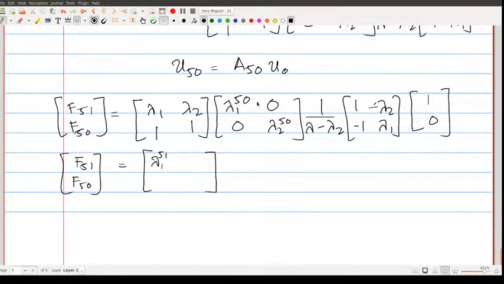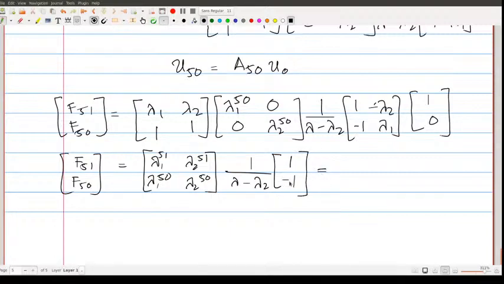So lambda 1 to the power 51, and then we have lambda 2 to the power 51. This is just lambda 1 to the 50, and this is just lambda 2 to the power 50. And I have 1 over lambda 1 minus lambda 2 going on here, and I can just multiply this matrix by this vector as well. So I get 1 here, and I get minus 1 here, right?